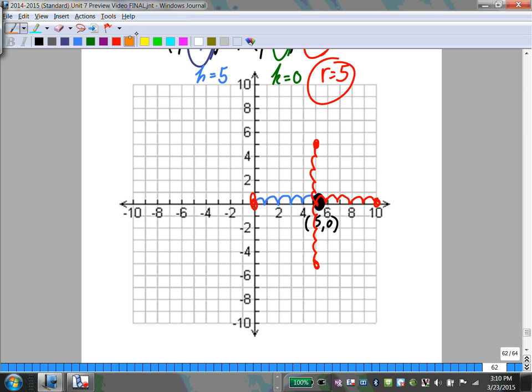And then you sketch your circle. Honestly, the toughest part about graphing circles is drawing your graph in such a way that it looks like a circle and not a diamond. Other than that, they are pretty easy.